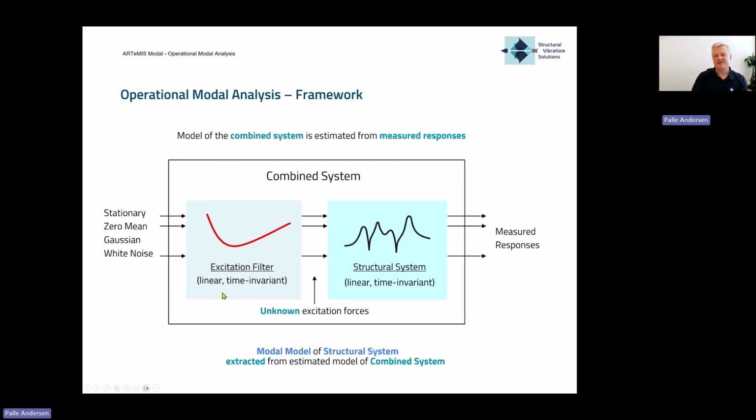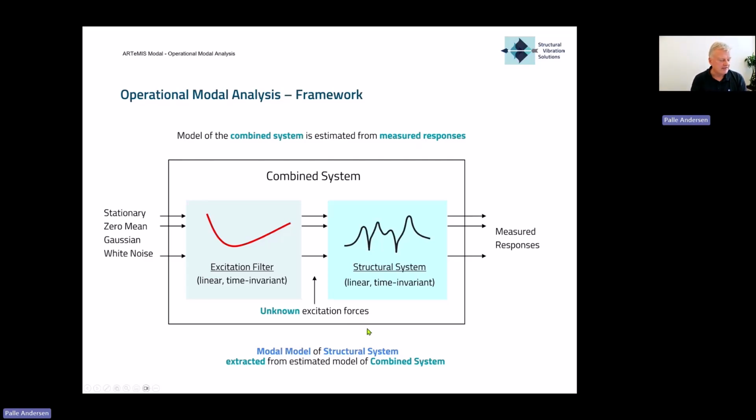As long as we in some way can establish some kind of filter, we call it an excitation filter, that can shape Gaussian white noise, that is a completely flat spectrum noise or input, and if this can be shaped so that it resembles the excitation forces we cannot measure, then we can introduce it into this paradigm or model that we are using in operational mode analysis. So you can say that everything that in some way is broad-banded excitation can basically be used.